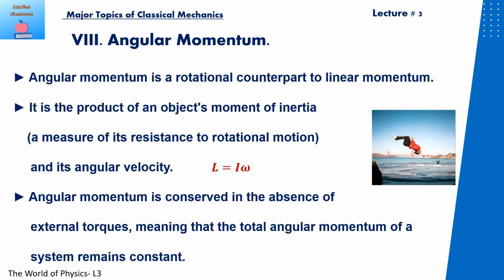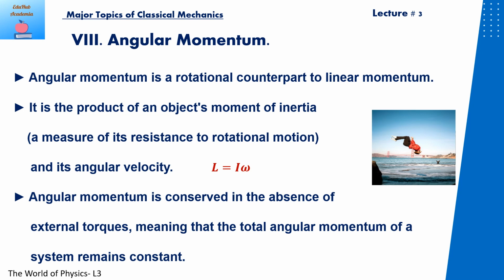Because we have rotation, we talk about rotational or angular velocity. Now, angular velocity will mean that we have to talk about angular momentum. Angular momentum L can be calculated by the product of moment of inertia I times omega, which is the angular velocity.